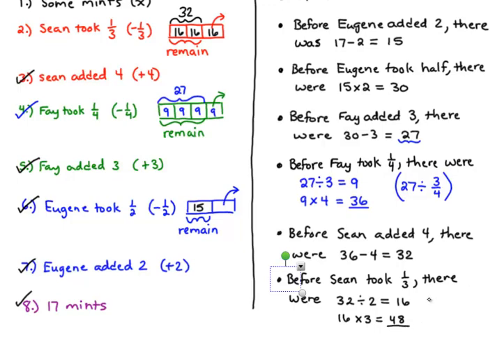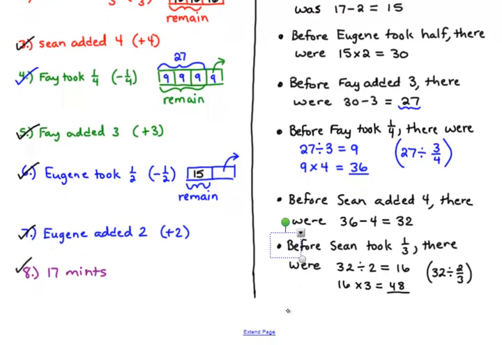So in other words, the actual mathematics, or the actual type of problem that we are doing, is you were taking 32 divided by 2/3. Okay? Alright, so that means that there were 48 mints.